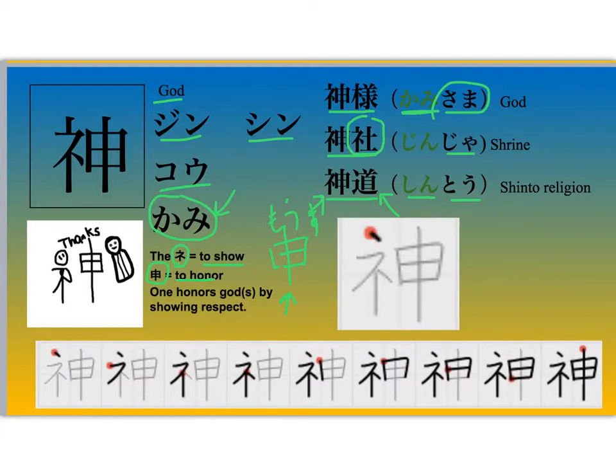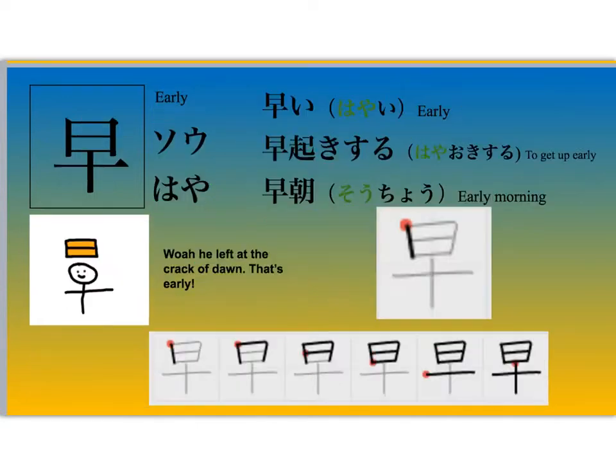So in a sense then, one honors God by showing respect. So the stroke order is quite easy. It's ichi, ni, san, shi, go, roku, shichi, hachi.